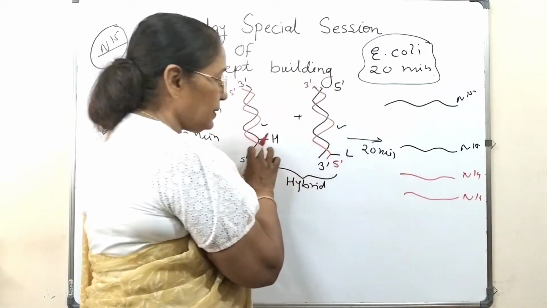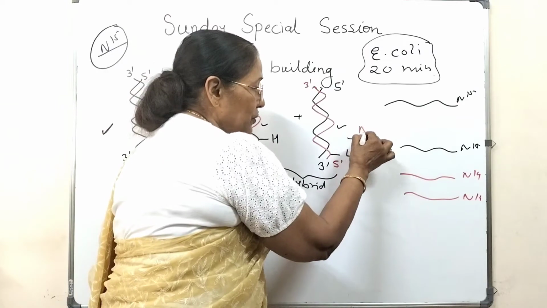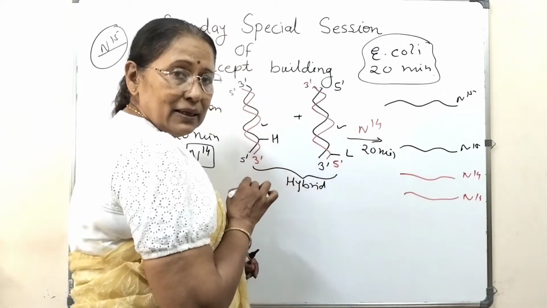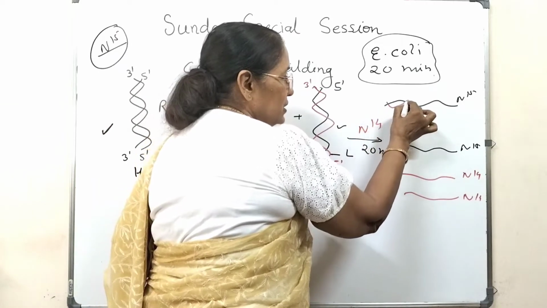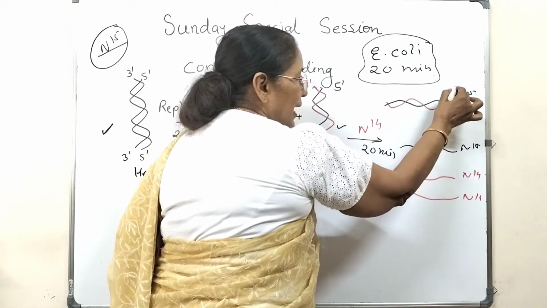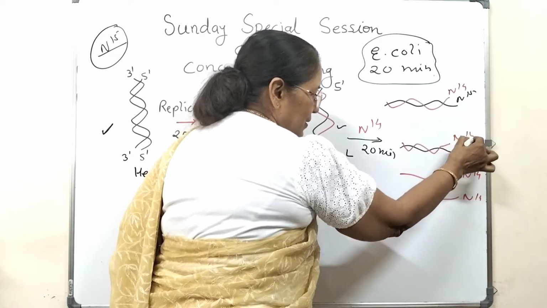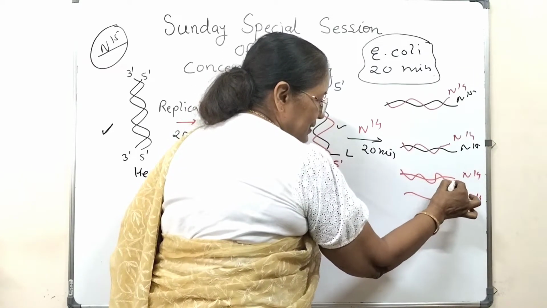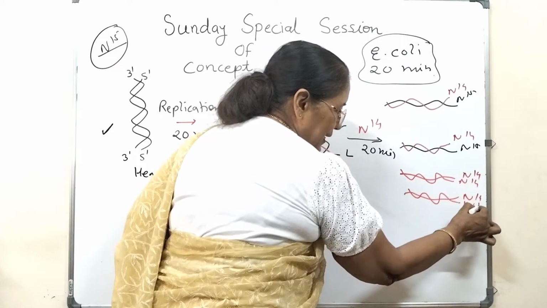All these have separated and only N14 is available. So the new strand which is formed will have N14 in all. So this is N14, here also it is N14, here also it is N14.